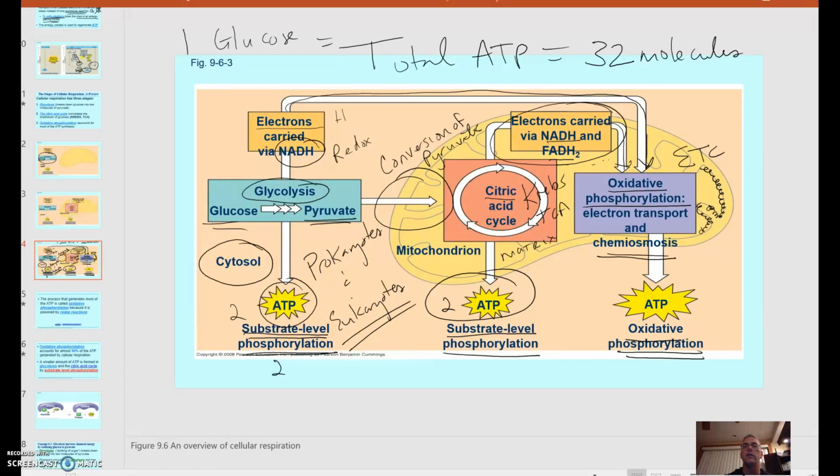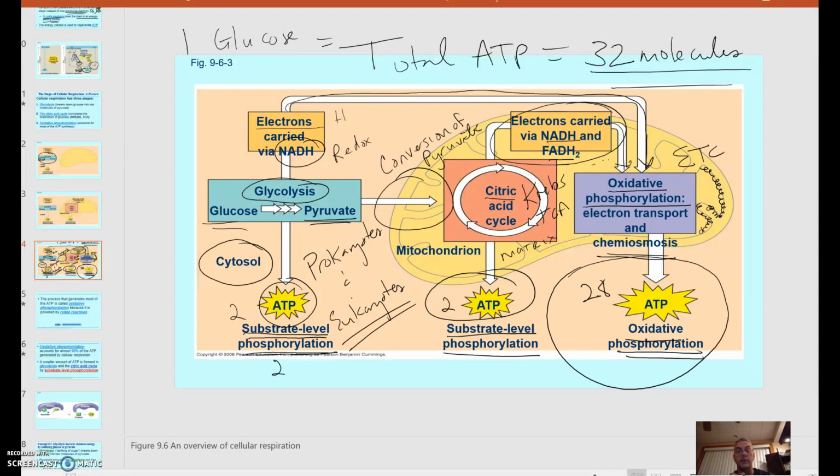So for every one glucose molecule, you get 32 ATP molecules. So that means that 28 of those are coming from oxidative phosphorylation. So it's quite important for you to remember that if you come across any questions about where the majority of the ATP is being produced, know that the majority of it is produced through the oxidative phosphorylation process, which we will spend a significant amount of time on.